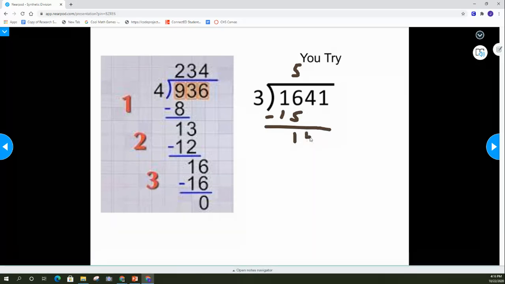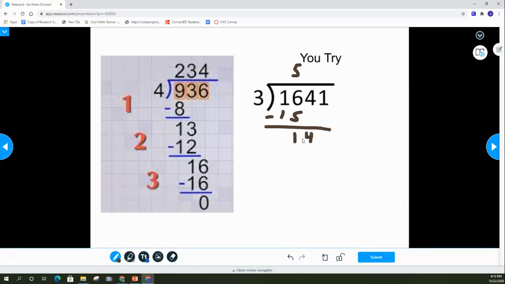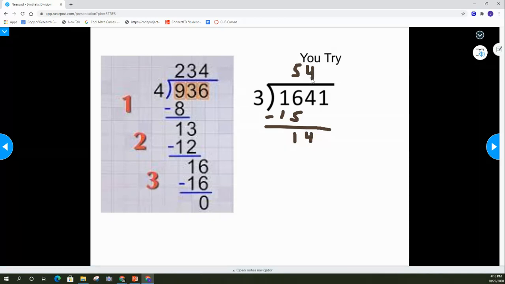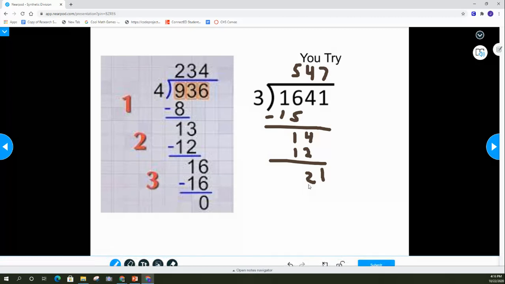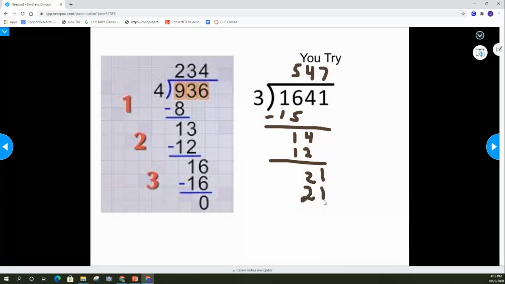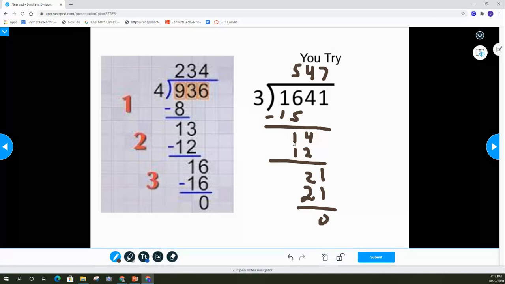Bring down the 4. 3 goes into 14 4 times. 4 times 3 is 12. Subtract, get 2, bring down the 1. 21, 3 goes into 21 7 times. 3 times 7 is 21, so the remainder is 0. So 3 is a factor of 1,641, and so is 547.